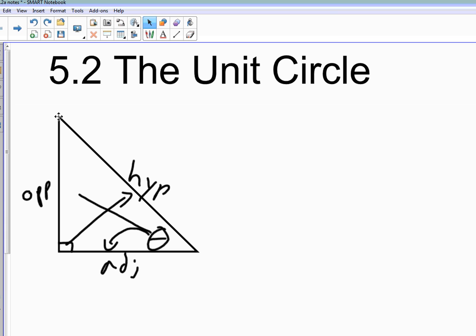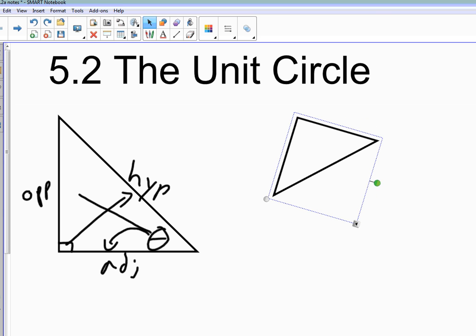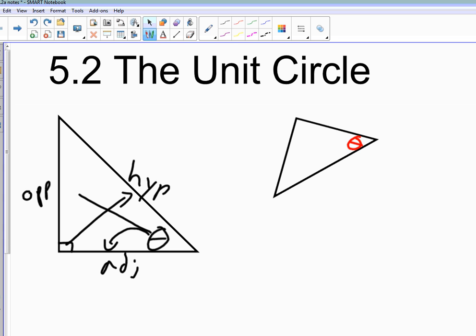So regardless of how we get this triangle given to us, we really need to be able to do it in any orientation of a triangle. So if it's turned around like this, we should be able, if our theta is here, to identify our right angle, that this side here is going to be opposite, this is adjacent, and that this would be my hypotenuse.